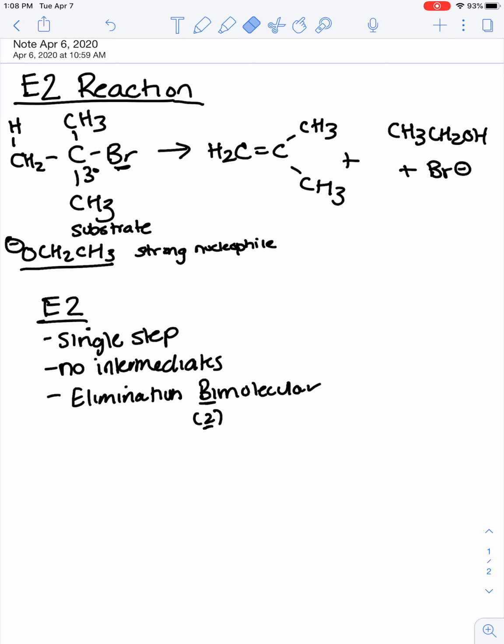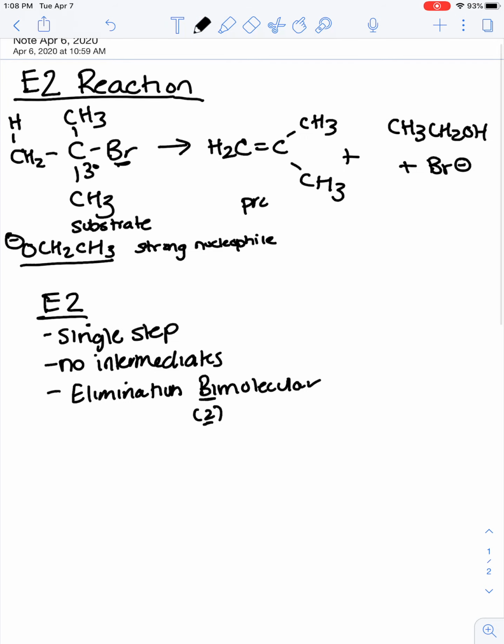So looking at our elimination product, we have our elimination product right here. So again, we're going to think, okay, we have our alpha carbon. Think of all your beta carbons that you have. So it's going to be beta elimination. Again, we're removing a proton from that beta carbon. And then we will have our leaving group, and we will have our ethanol right here.